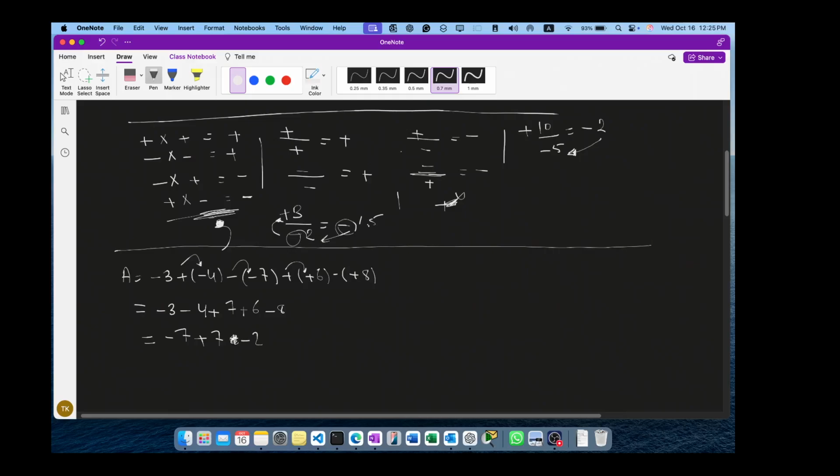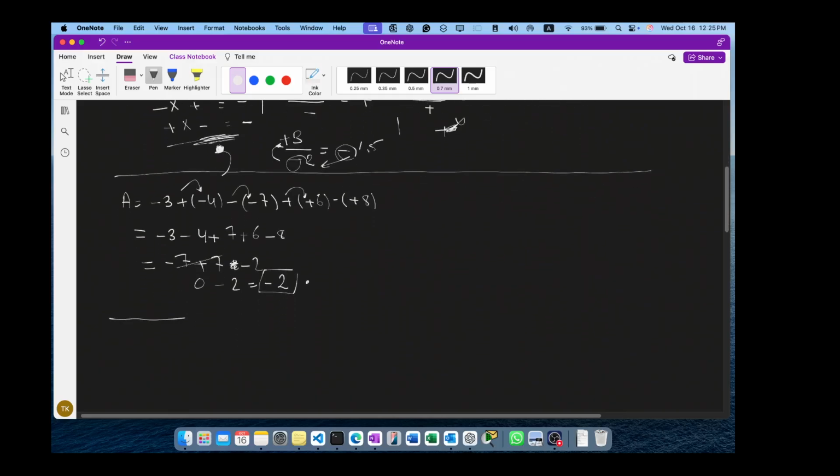Minus 7 plus 7 is 0, and 6 minus 8 is minus 2. Minus 2 equals minus 2. That is the correct answer. If you find your answer is not right, just re-solve it, okay? Now, I will move on to multiplication and subtraction.